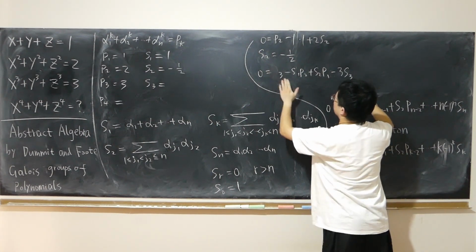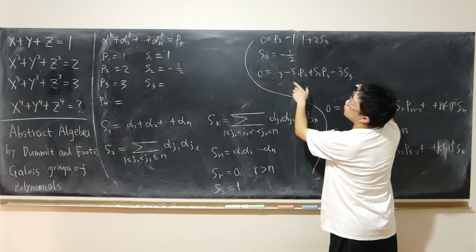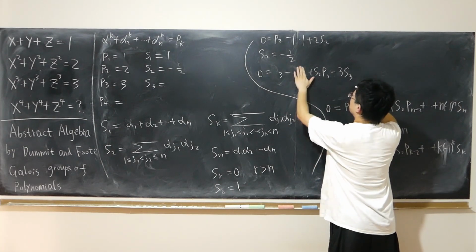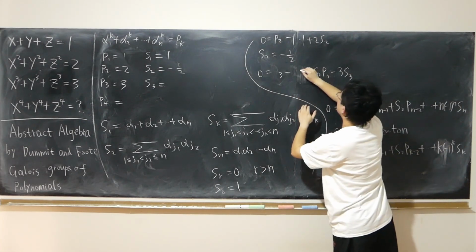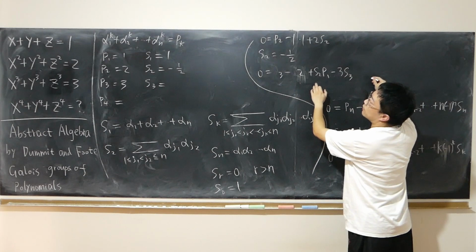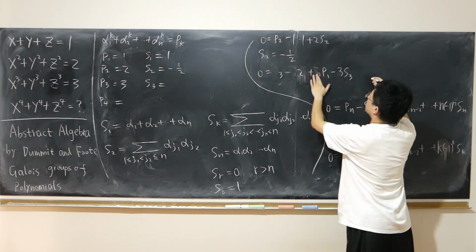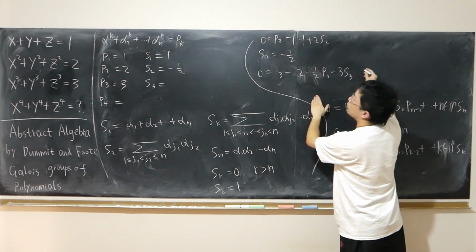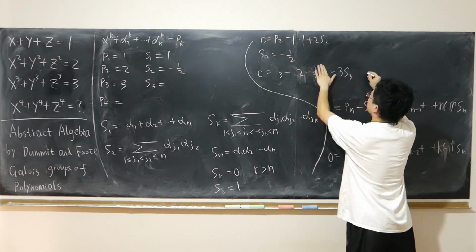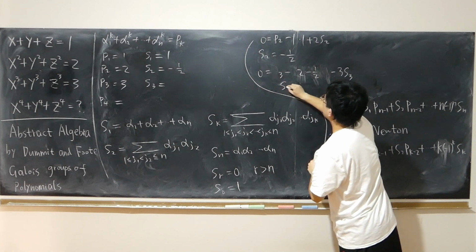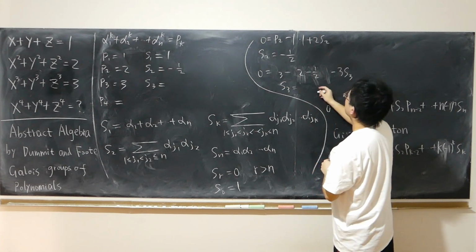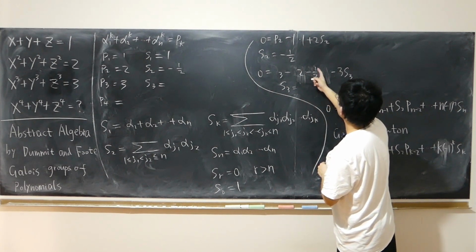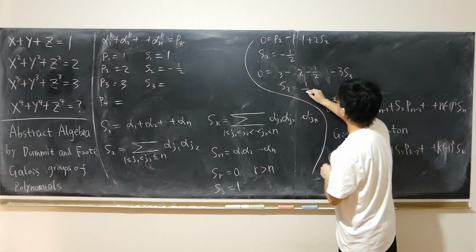S1 is 1, P2 is 2, S2 is negative half, P1 is 1. So S3 is, 1 minus half, half, positive 1 over 6.